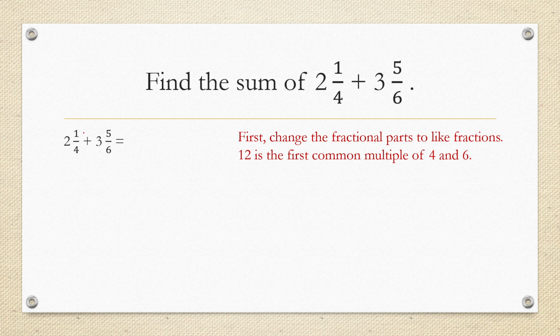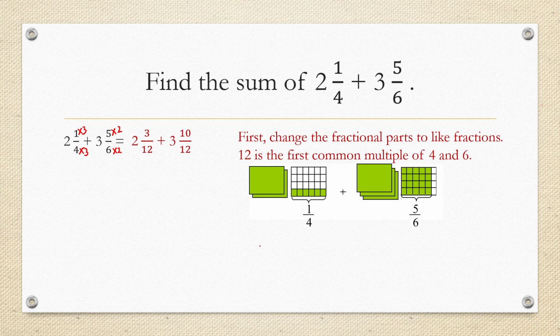So this time around we need to change both fractional parts. We multiply this one by 3 for the numerator and denominator, and for this fractional part we multiply it by 2. Okay, so you should get 2 3/12 plus 3 10/12. Again, a graphic representation here.